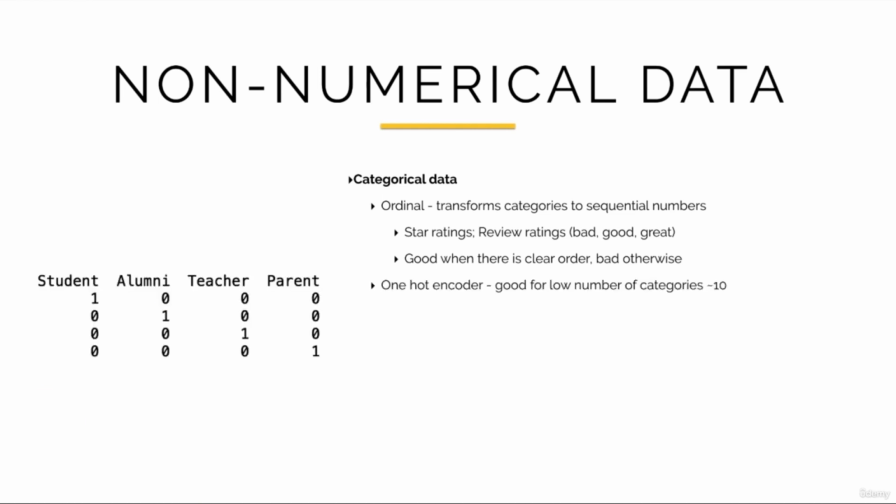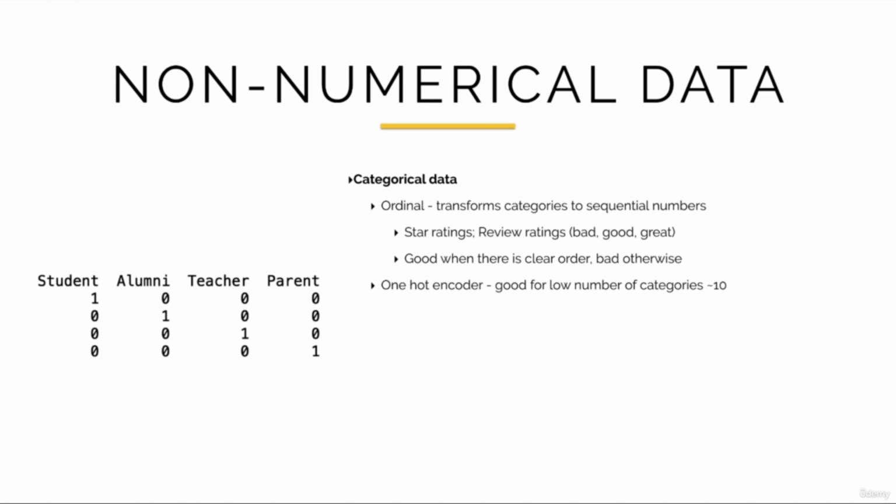actually cause problems. So if you do this, for example, if you have categories of student, alumni, teacher, and parent, you can't really assign 1, 2, 3, and 4, because that way your algorithm may learn that a student is lower than an alumni, which is lower than a teacher, which is lower than a parent, and you can't really compare the categories like that, because these are different categories and they may be experiencing the same thing from different perspectives.